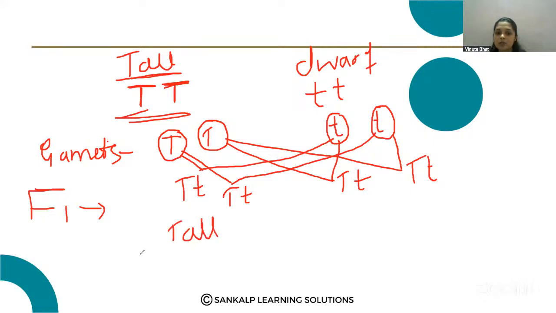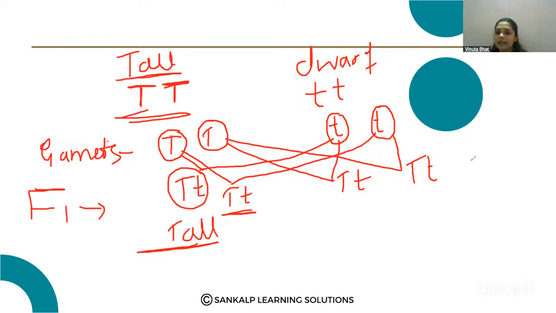There are no dwarf plants. You see capital T and small t here, but these are not dwarf plants, because capital T is dominant over small t. So capital T is expressed, so it is a tall plant.